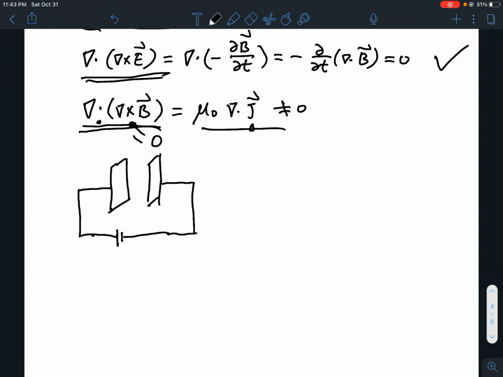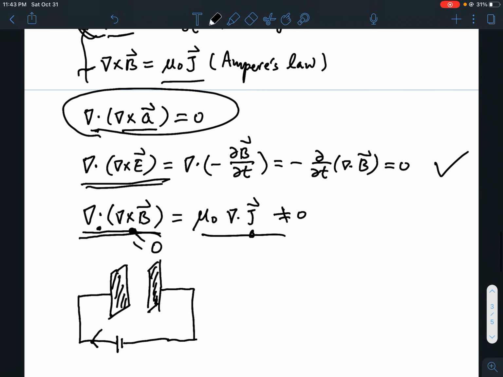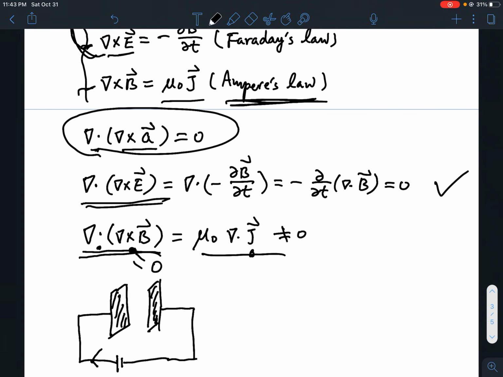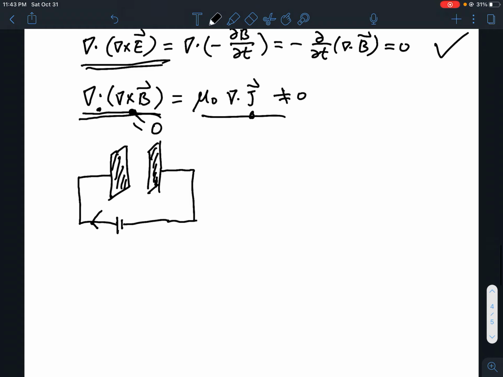We have the current going on, and then we have the charges that will show up in this capacitor. Now what we do is check this Ampere's law, because there are some problems with it.